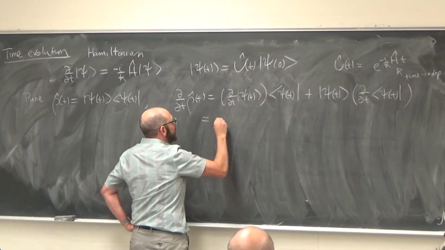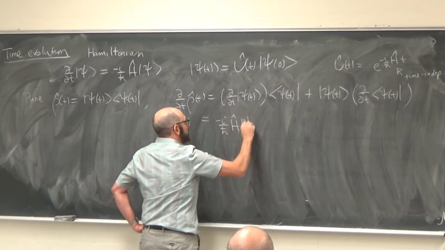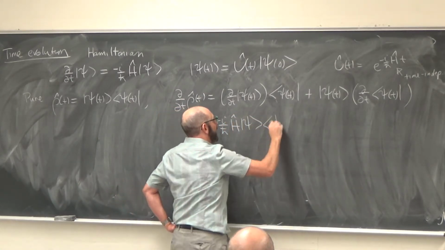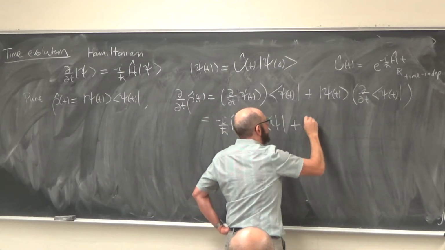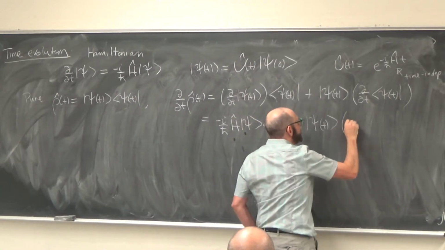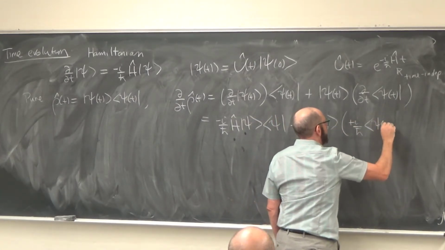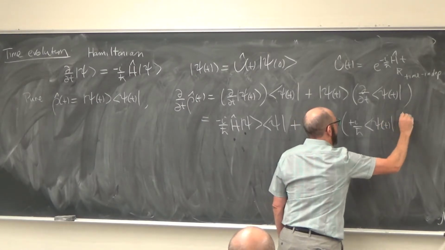So that is equal to minus i over ħ H |psi⟩⟨psi| plus the conjugate of that, which is |psi⟩⟨psi| H dagger over ħ, but H is Hermitian.